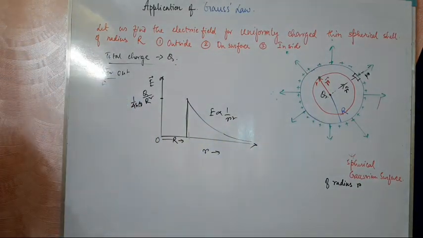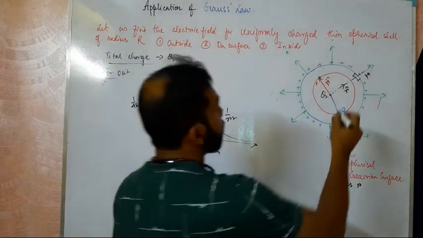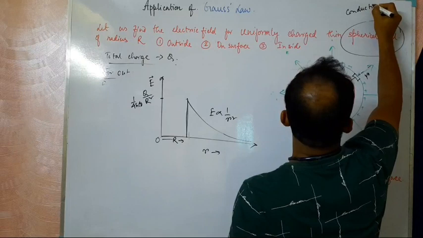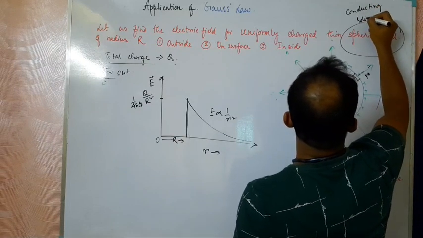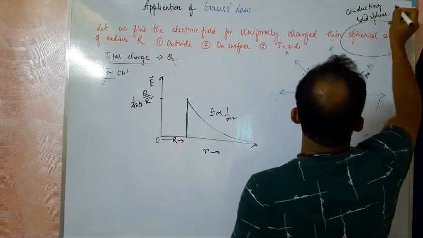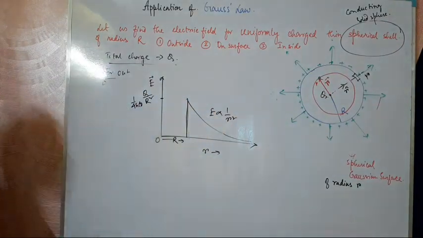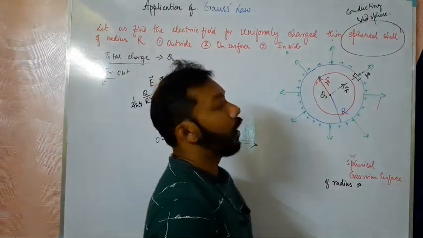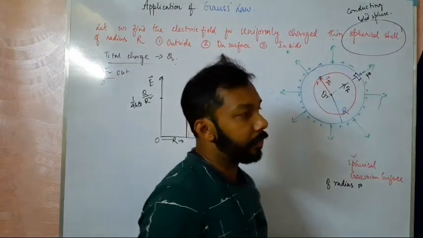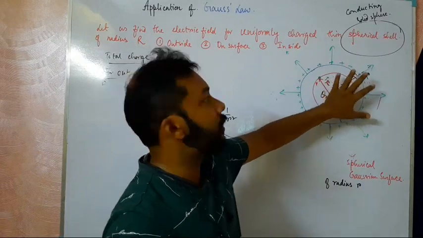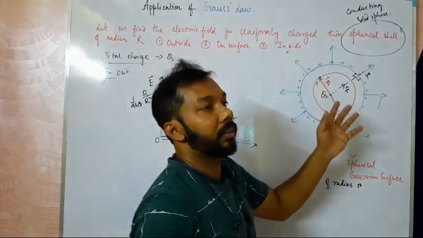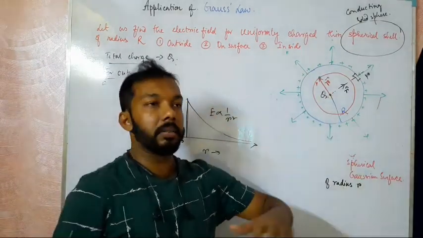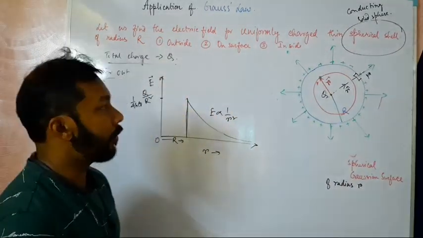Now the result is the same for a conducting solid sphere as that of a spherical shell. Why? Because a conducting solid sphere will conduct all the charges to the surface, as the charges have a natural tendency to go outside and stay at the surface of a body.